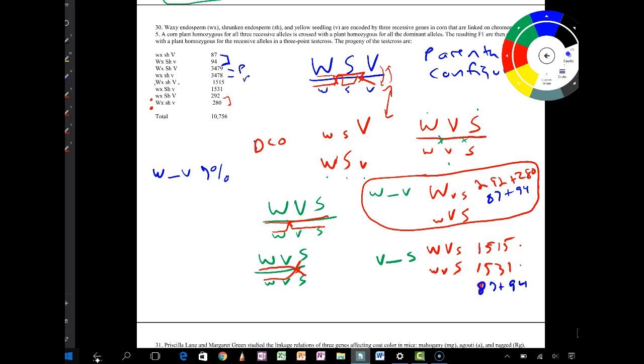The other ones are 1515 plus 1531 plus 87 plus 94 equals 3227 divided by 10,756 is 0.30, so V to S is about 30%.